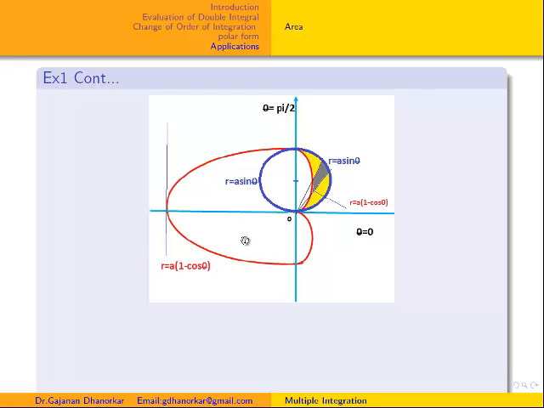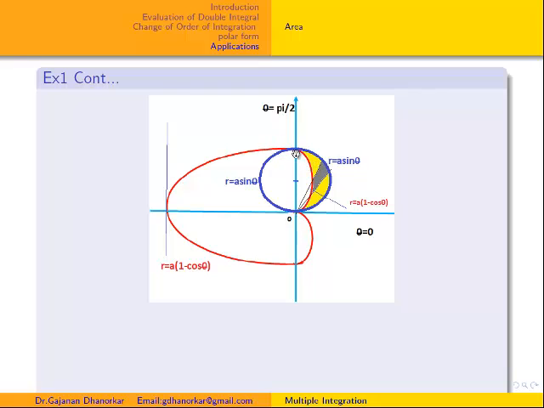In that, this curve was there, but with a plus sign. Now here we have taken the minus sign. This is our curve, red in color, the cardioid, and this is our circle. Now what is the area bounded by this cardioid and circle? This is the circle, this is the cardioid, and this yellow color is our area bounded by the cardioid and circle.